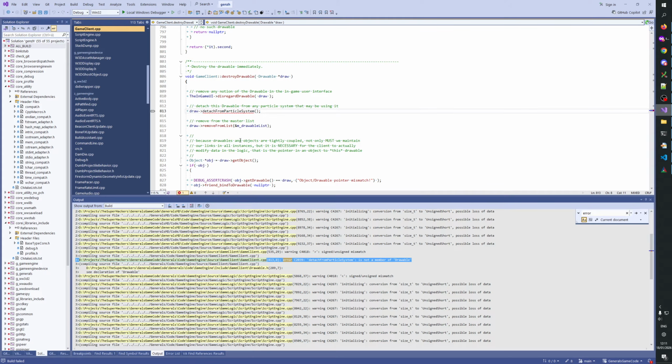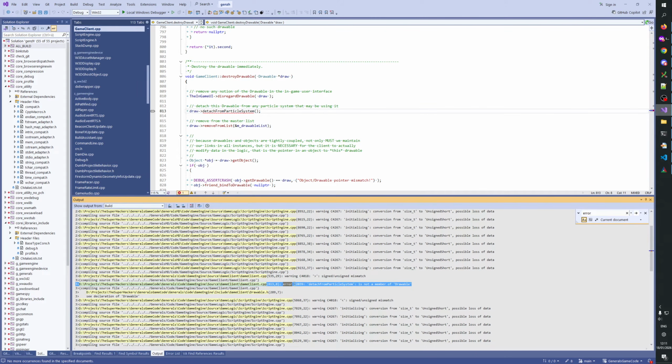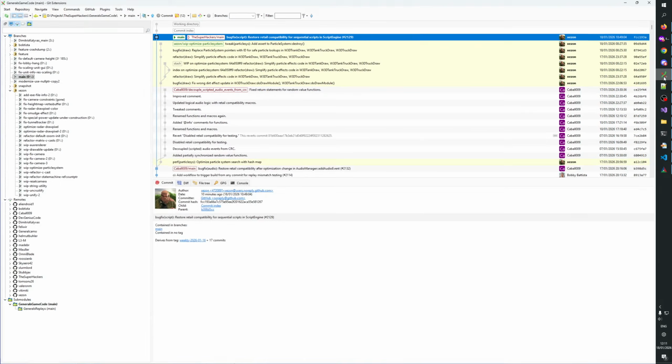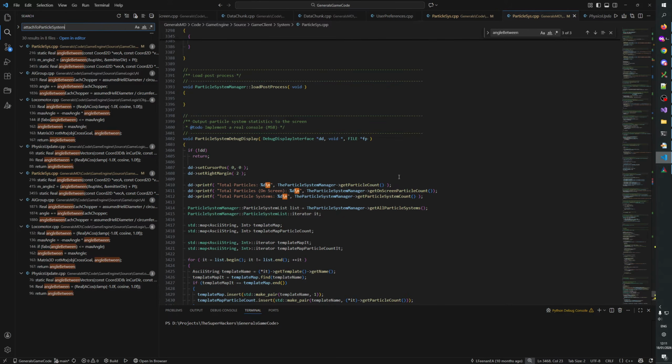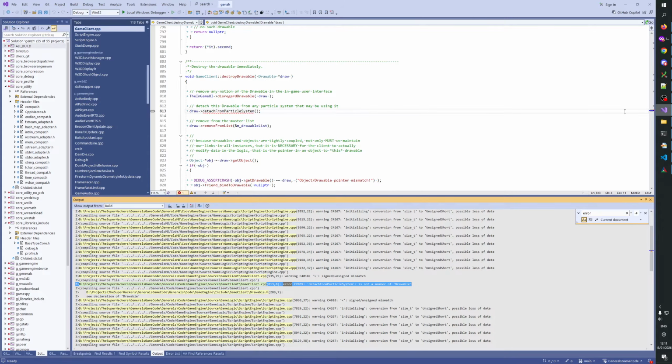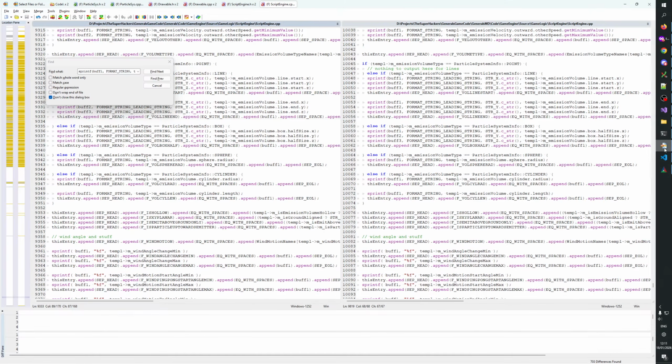Okay, detach from particle system. Game client. I think it was removed because there was never an attach event. Only detach. Nothing ever attached to it. Here, nothing ever called attach. Let me double check that. Yeah, nothing ever called that. I think that's why they removed this. That's fair. Good. So how do we do this?